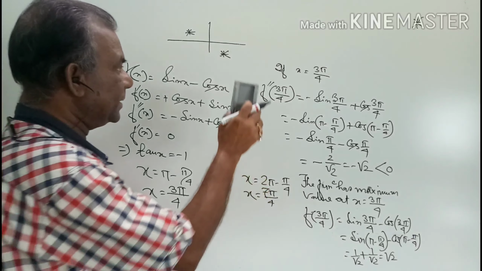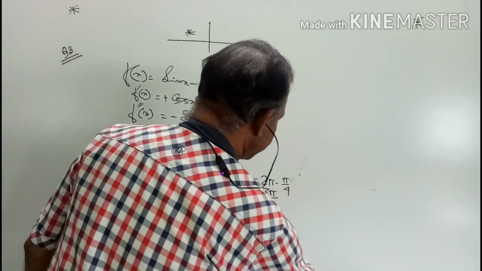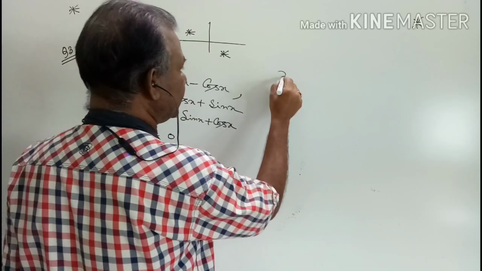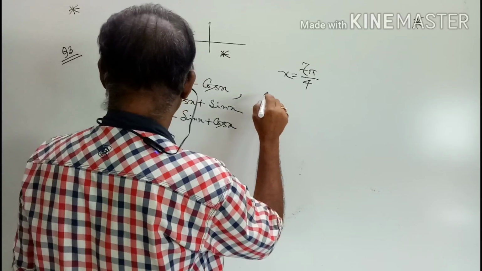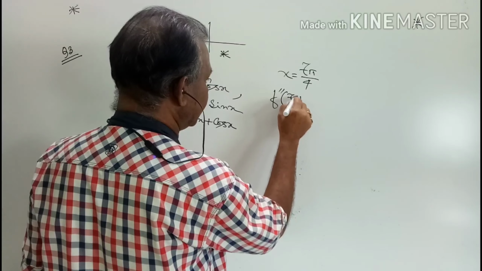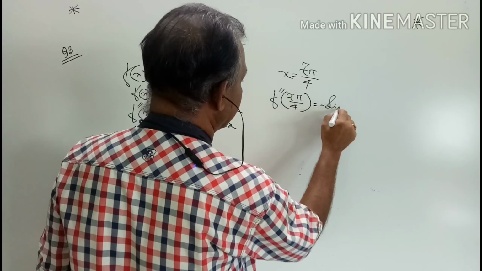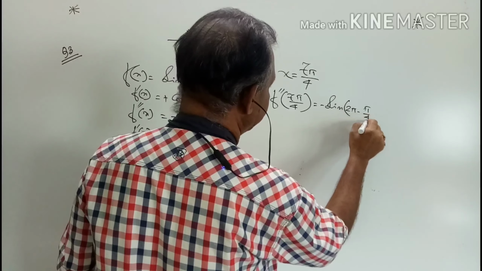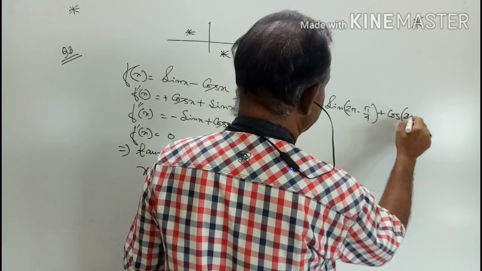Similarly, you will find out the same way for 7 pi by 4. x equal to 7 pi by 4, then what will happen? f double dash 7 pi by 4 equal to minus sin (7 pi by 4, which means 2 pi minus pi by 4) plus cos (2 pi minus pi by 4).